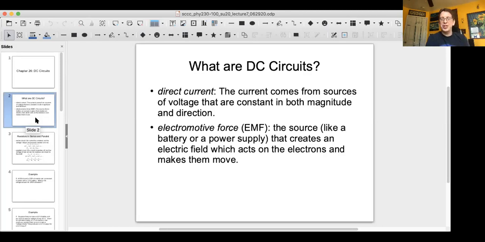But if there is a potential difference, then there is an electric field, and if there is an electric field, then there is going to be a force exerted on the electrons. And so the electrons get repelled out of the negative end, and they move through this circuit. And if it's a DC circuit, they're going to move at an essentially constant rate.